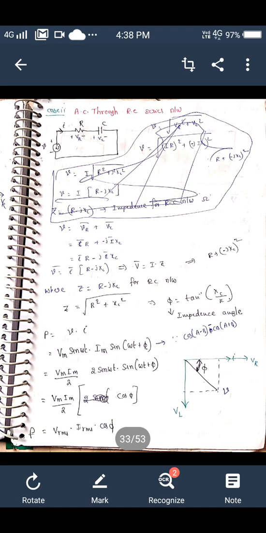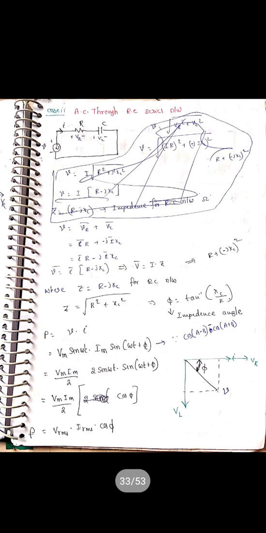Now here we have to know the nature of the network. See, supply voltage, supply current. From the current to meet V, we have to move clockwise, which means V lags I by an angle. Otherwise, if you take V as reference, to meet I we have to move counterclockwise, which means I leads V by an angle.